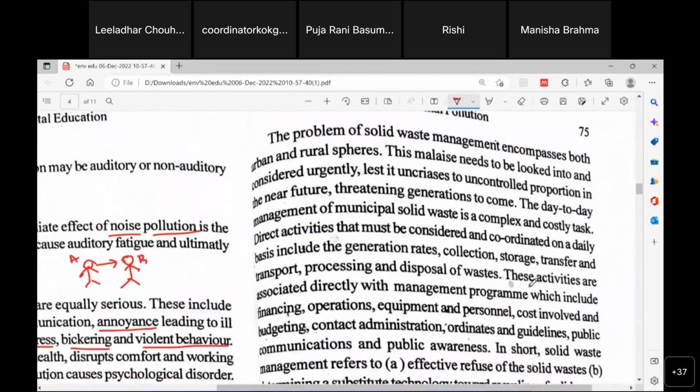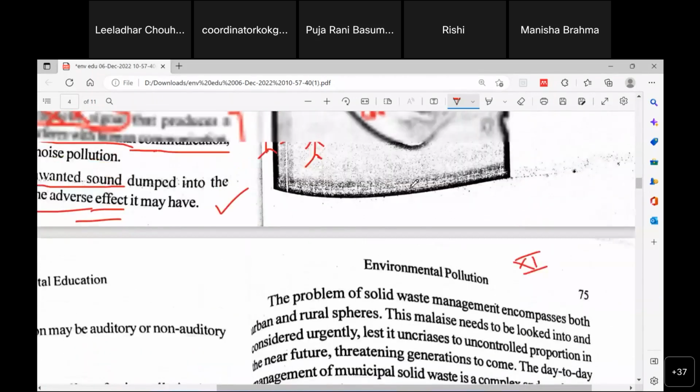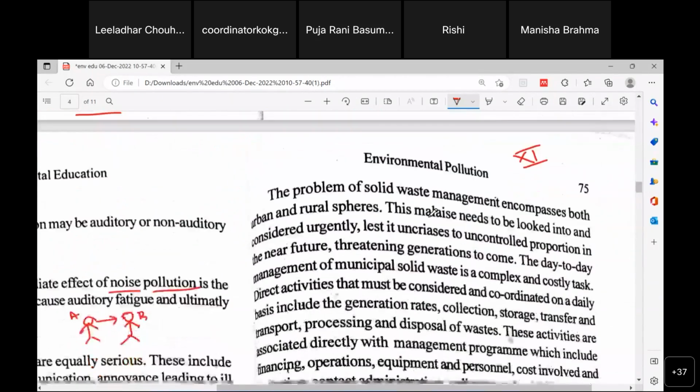Okay, so the problem of solid waste management, how to manage this solid waste. In your class 11 you generally have a field survey at the end of the year, and in those field surveys many aspects are covered. One aspect is environmental pollution. Some of the departments conduct surveys on noise pollution, some on solid waste management.